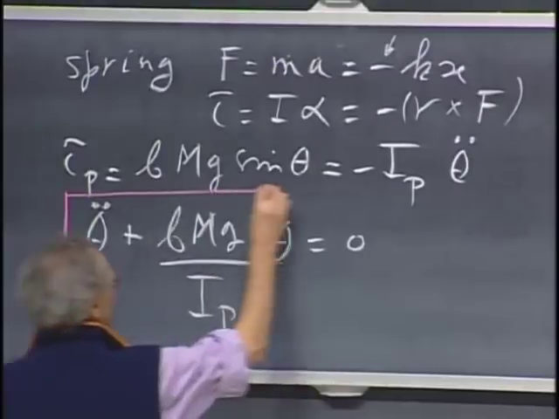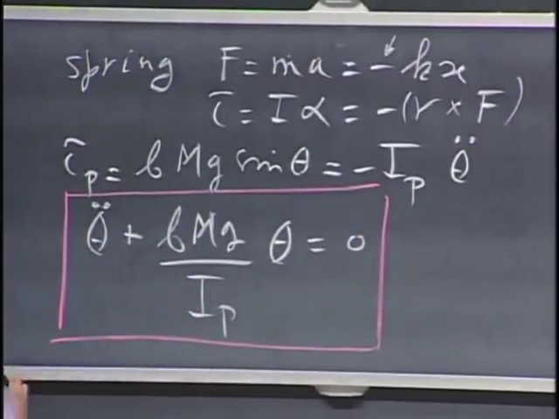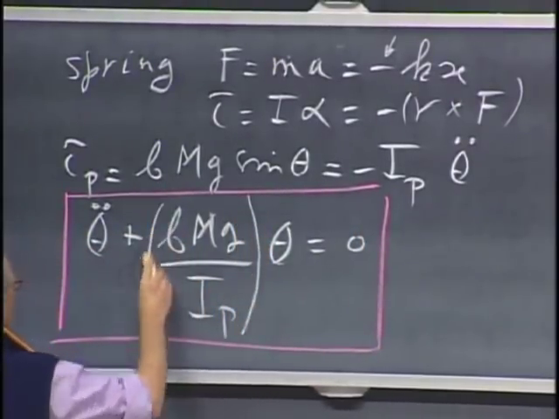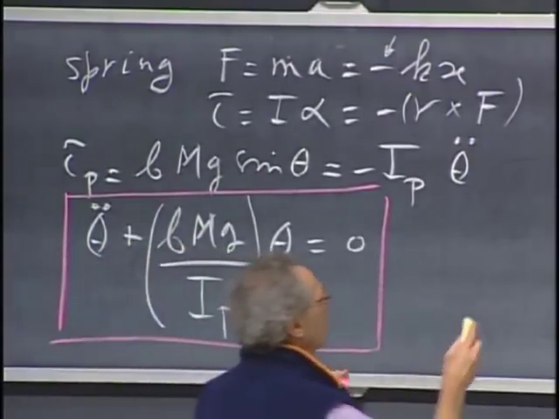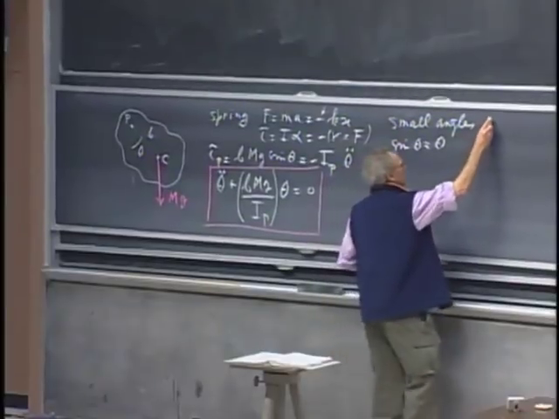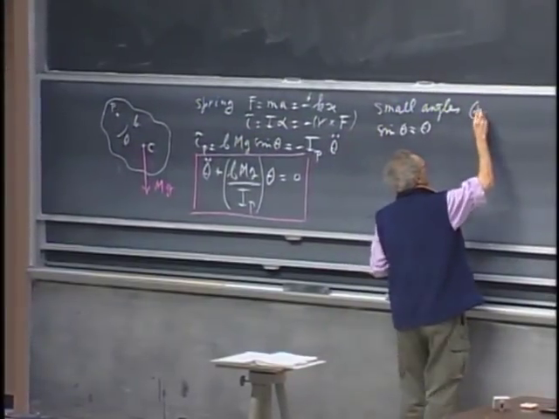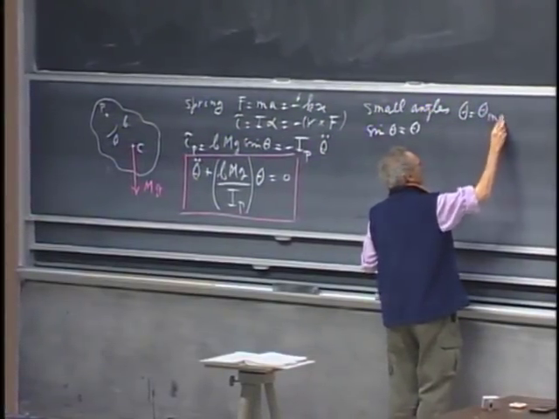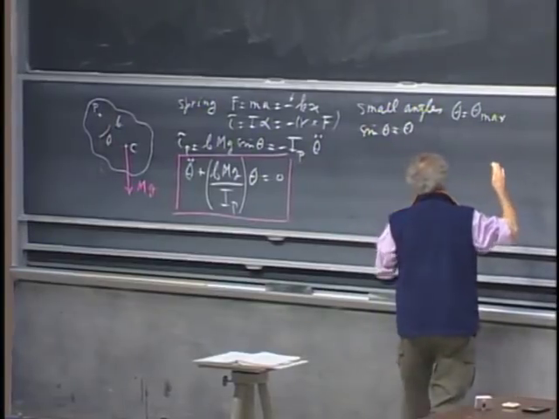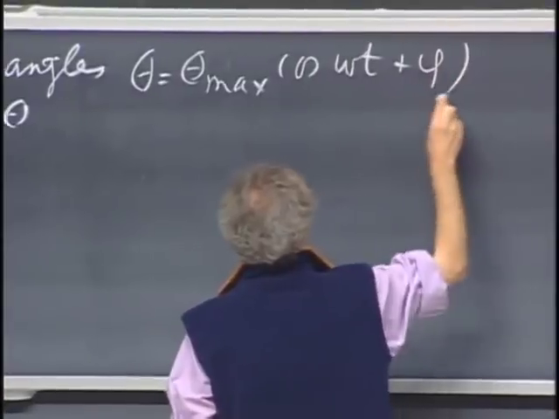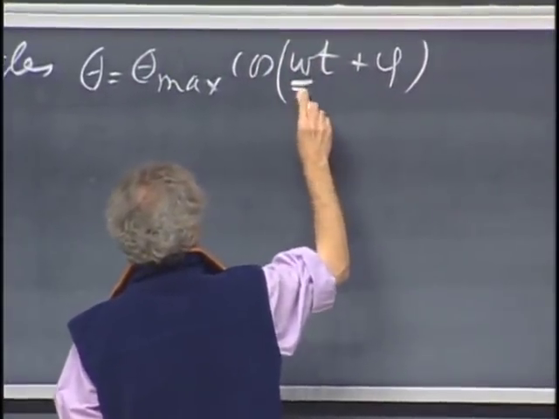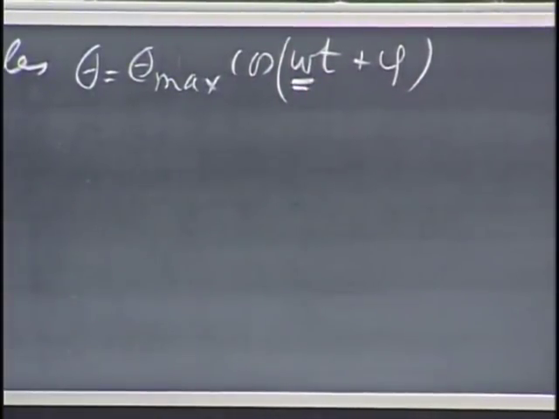And this is a well-known equation. It is clearly a simple harmonic oscillation in theta, because this is a constant. And so we're going to get a solution that theta equals theta maximum, you can call that the angular amplitude, times cosine of omega t plus phi. This omega is the angular frequency. It is a constant.